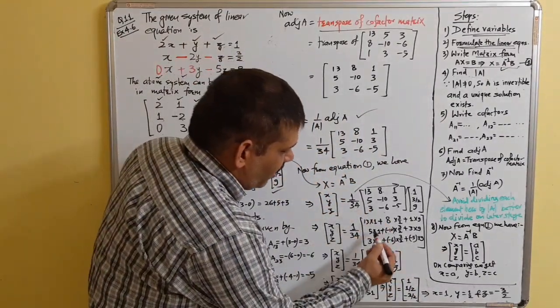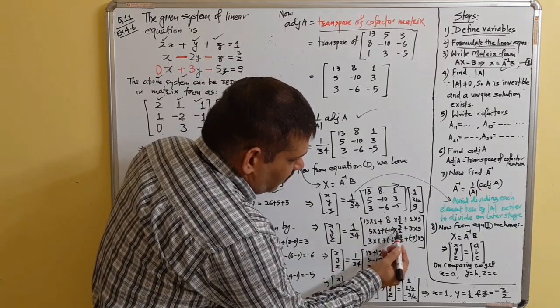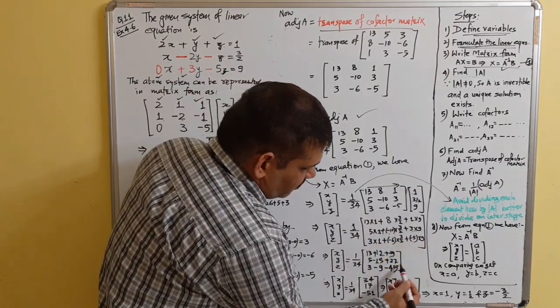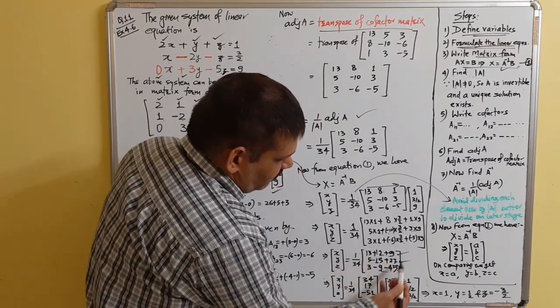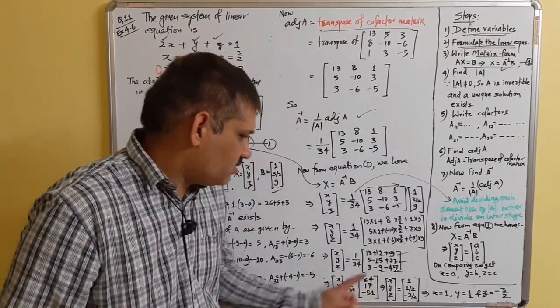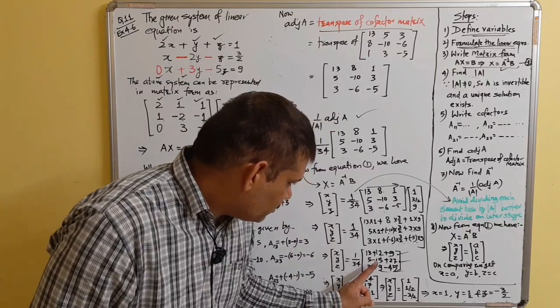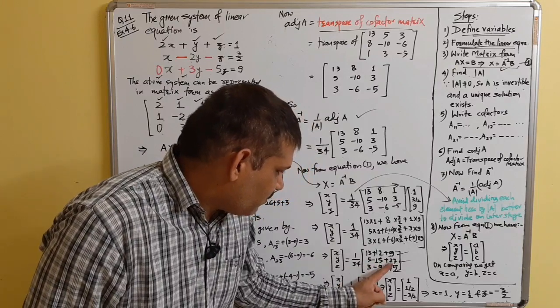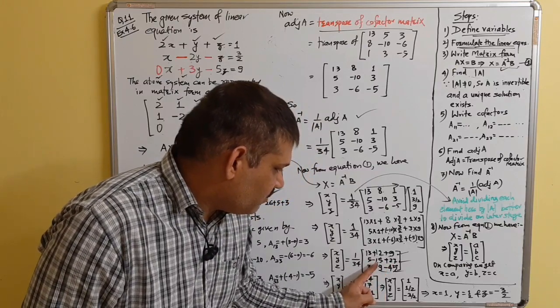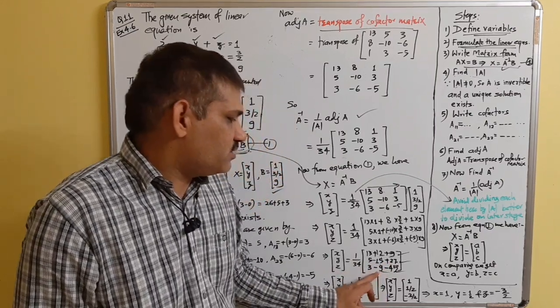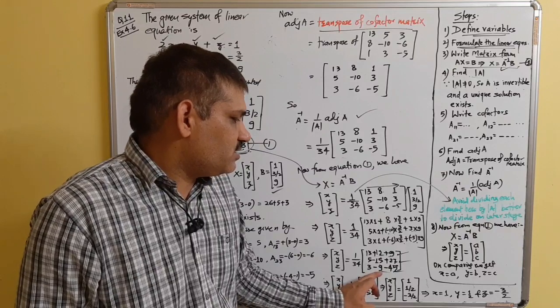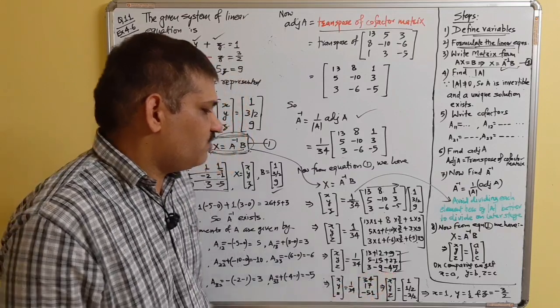And 5 minus 15 plus 27, so 5 minus 15 is minus 10, plus 27 is 17, right? Now 3 minus 9 is minus 6, minus 45 and minus 6 is minus 51.